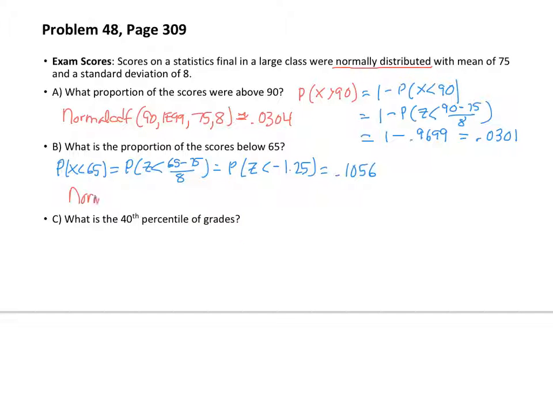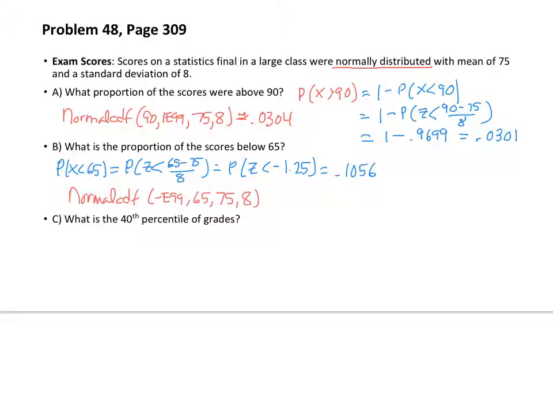And again, we can use the calculator to do this calculation, right? Normal CDF. The lower bound is a negative E99, comma, 65, 75, and 8, right?